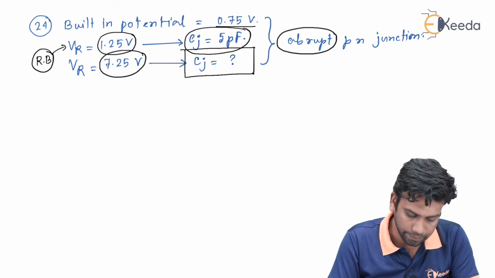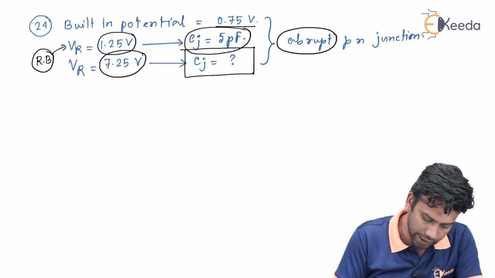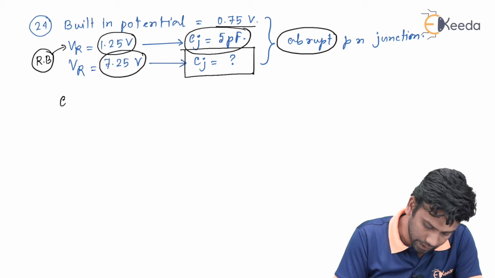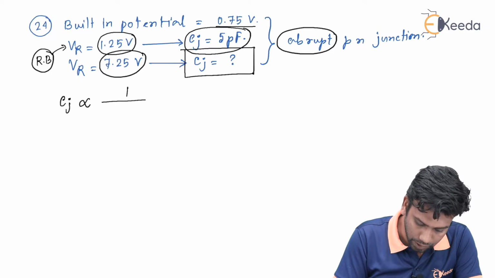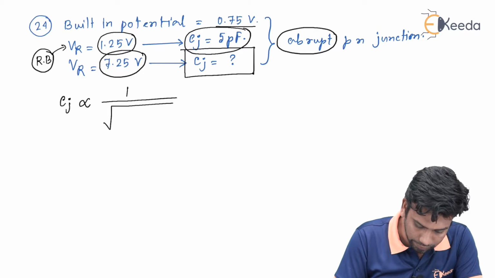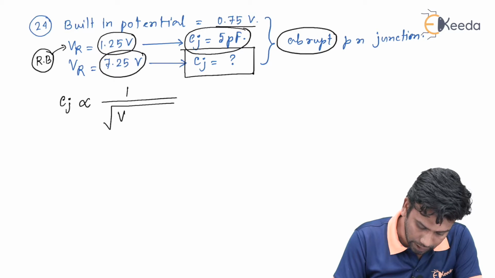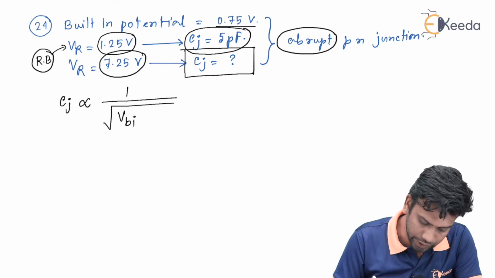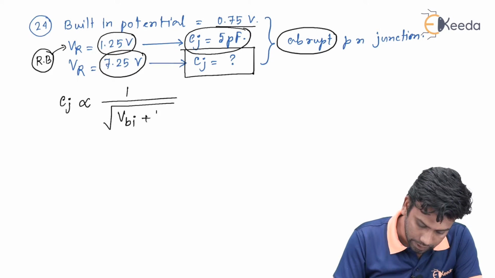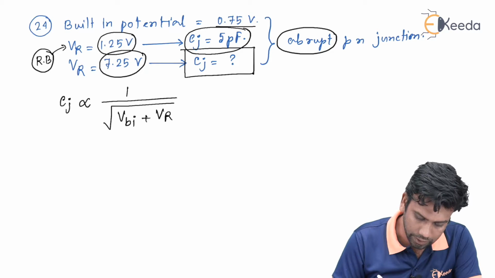Now we know that the junction capacitance Cj is proportional to 1 by root over Vbi, that is the built-in potential, plus the reverse bias potential.